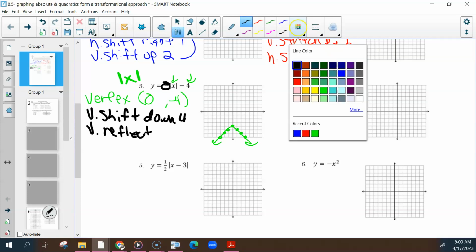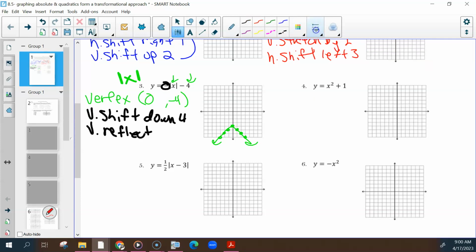What would the vertex for number 4 be? Because we don't have anything on the inside, it didn't have parentheses. So 0, 1.